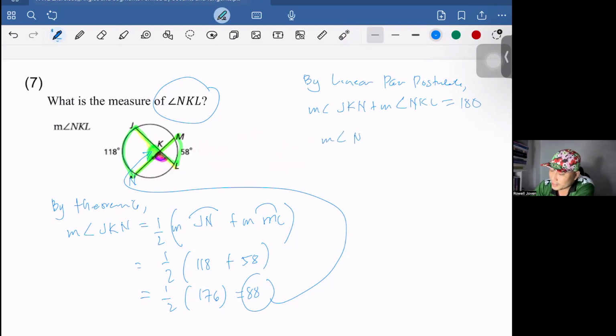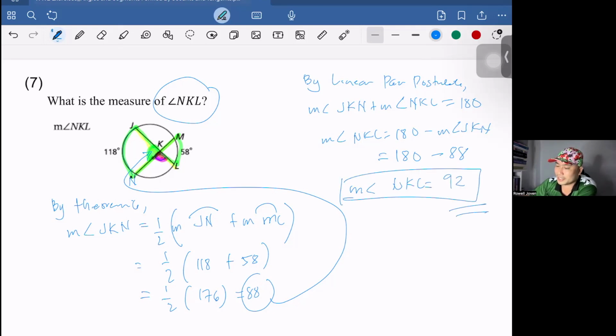The measure of angle NKL is 180 minus the measure of angle JKN. So that's 180 minus 88, which is 92 degrees. NKL is equal to 92 degrees. And this is now the final answer. That's problem number 7.